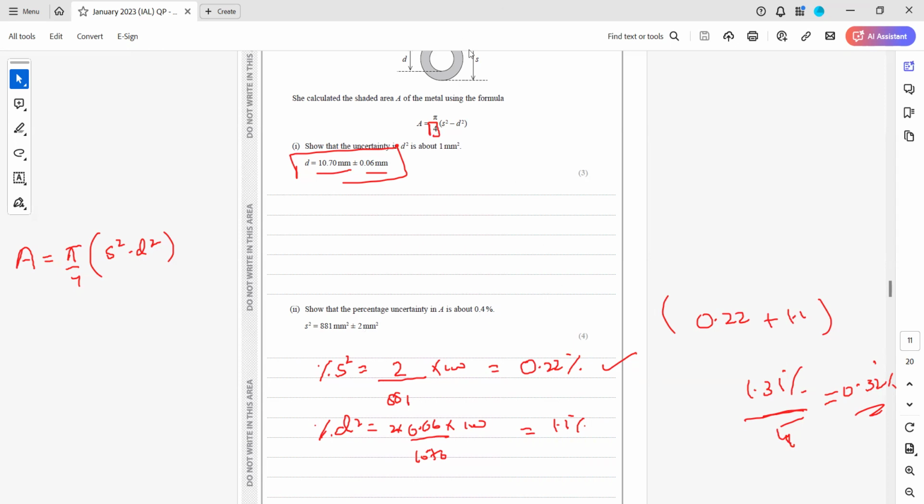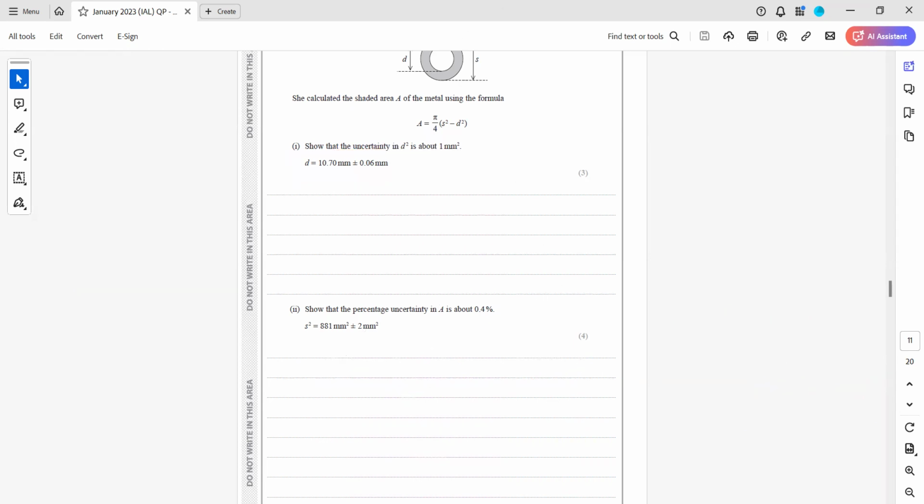Another way, this is one way of finding uncertainties: first work out the uncertainty in S square and then D square, and then calculate the uncertainty in A. The second thing you can do is work out the maximum and the minimum values for A, and then maximum minus minimum divided by 2 will give us the uncertainty, and uncertainty divided by the mean value into 100.